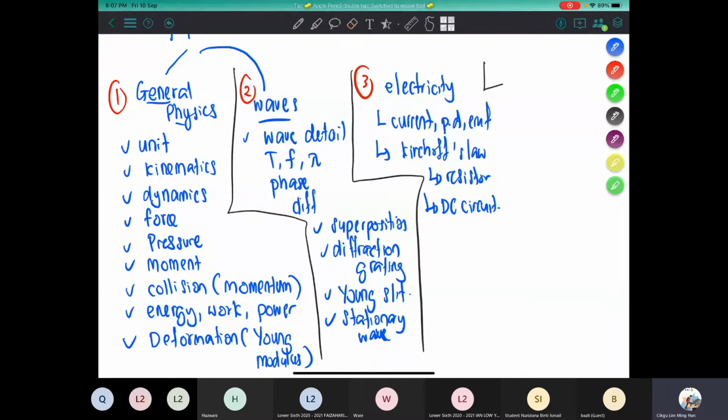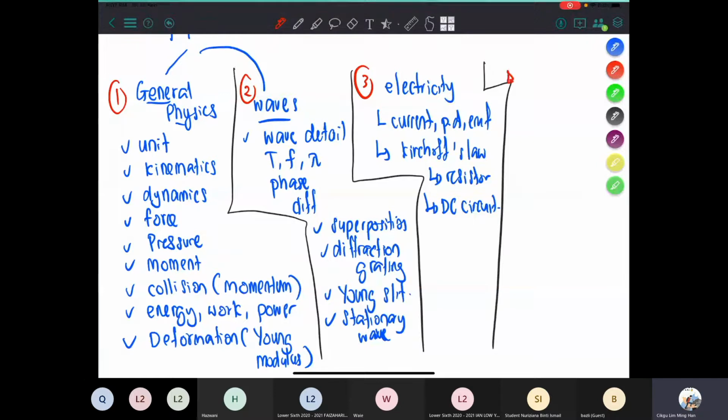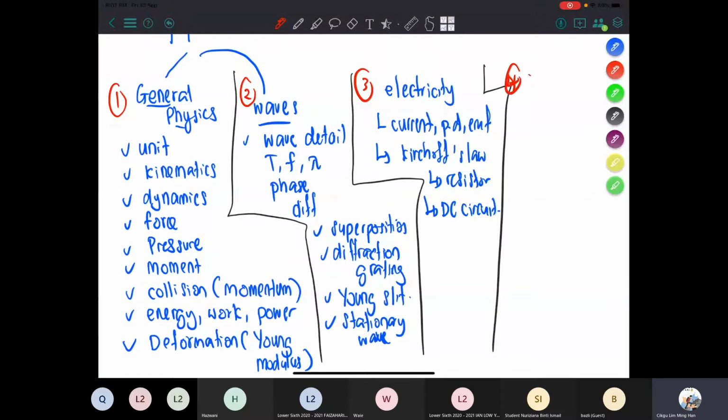Then the other one will be the fifth one, which is nuclear physics. This one covers the model of the atom, and we also study fundamental particles.